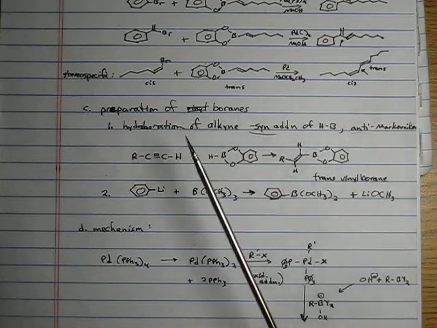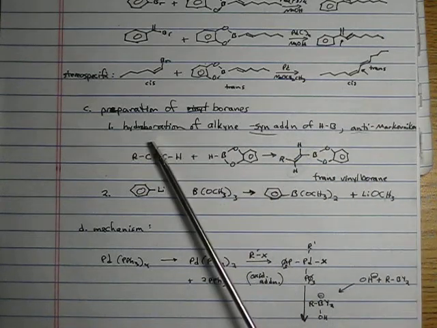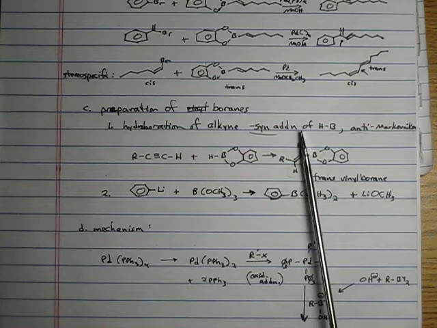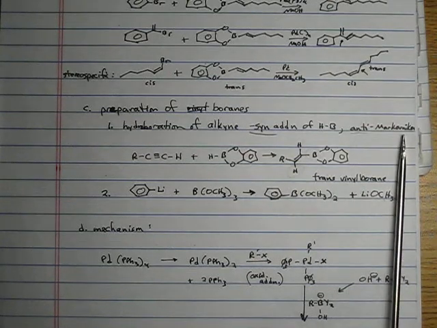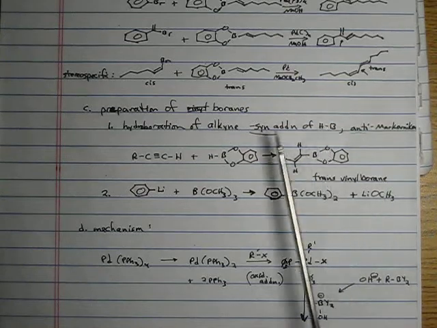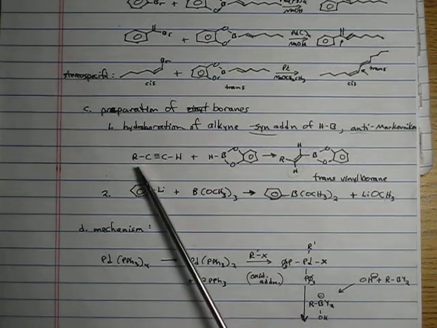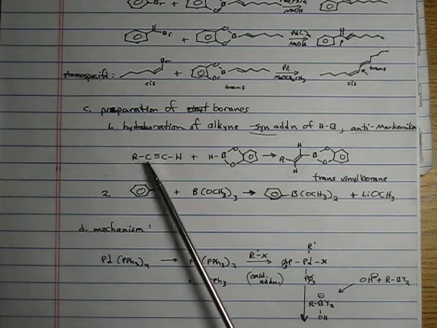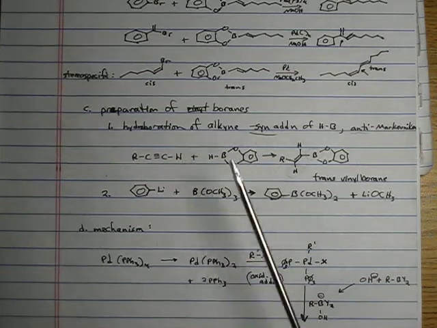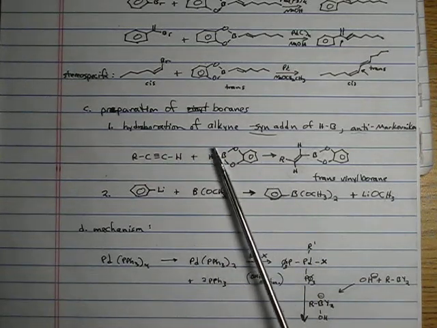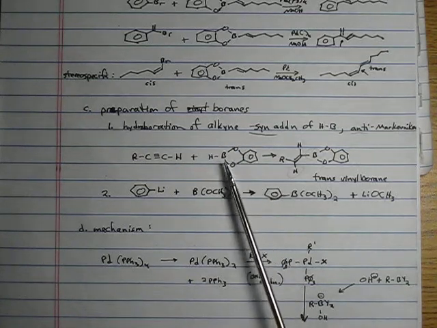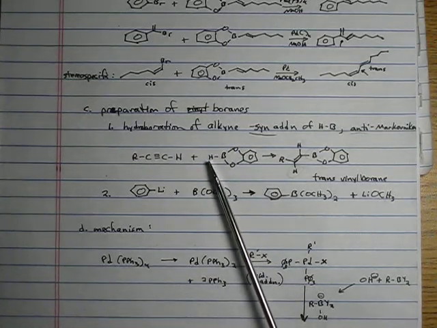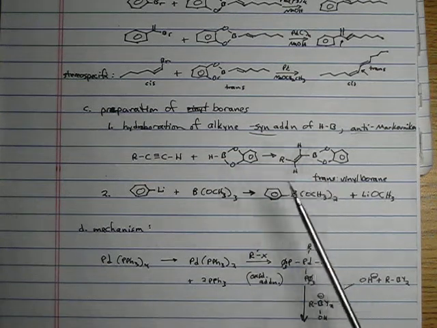So, just like with hydroboration oxidation, this is syn addition of HB in the anti-Markovnikov way. Syn addition, anti-Markovnikov, just like hydroboration. We're going to start with this alkyne, RC triple bond CH, and then if you add this borane, here's our two Y groups on here connected together, boron and the hydrogen, you're going to get this beast here.